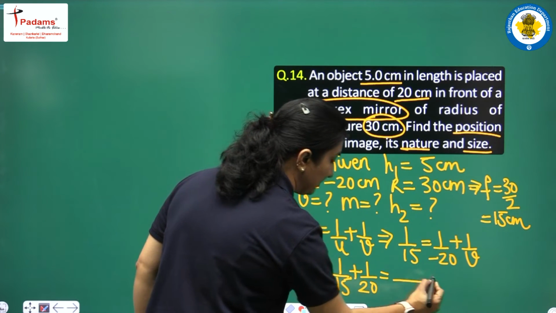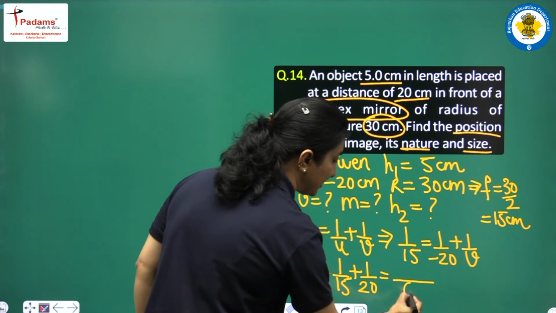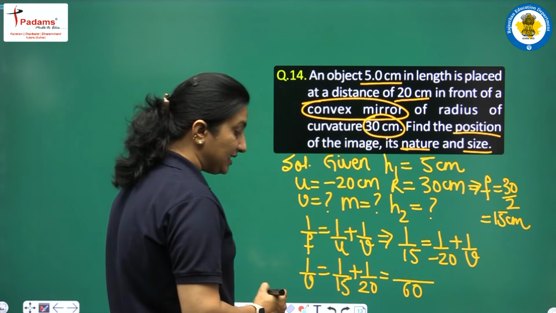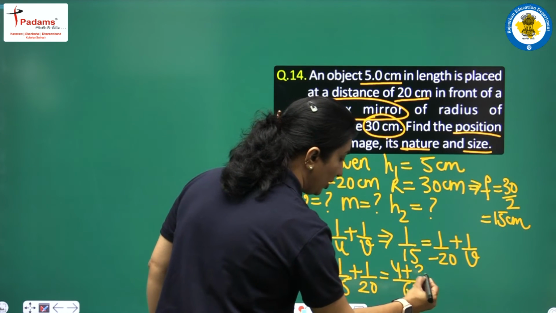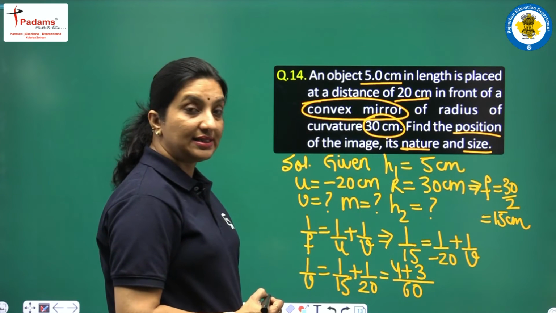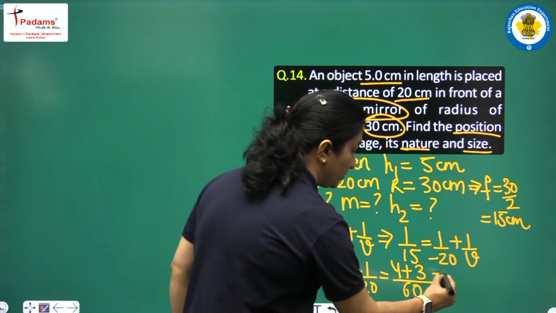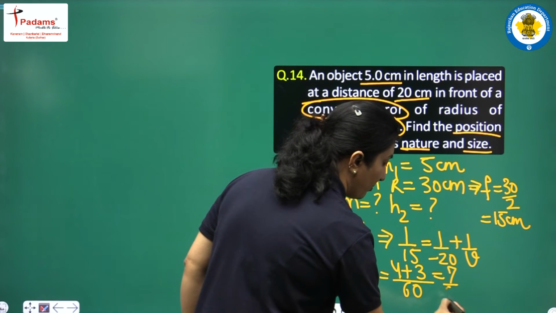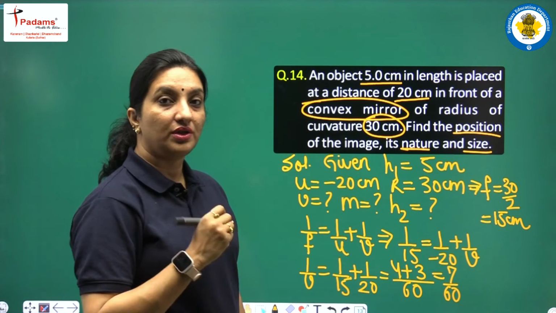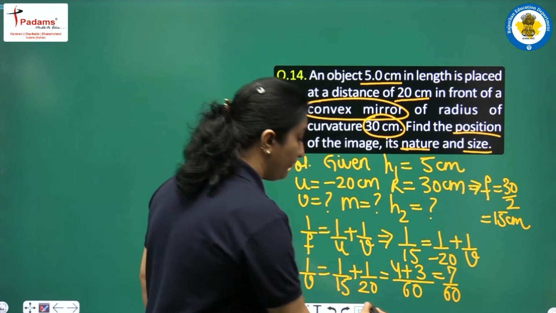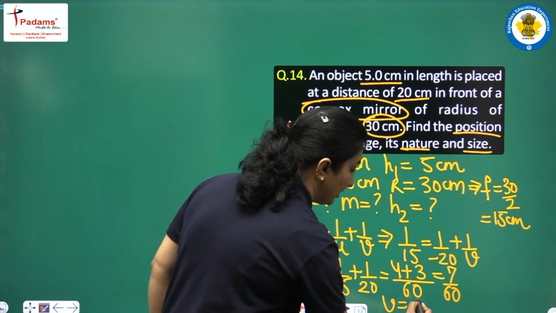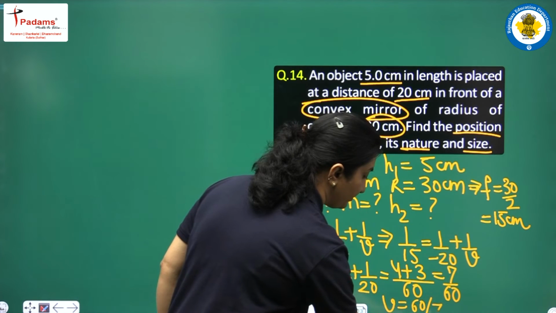On taking the LCM, here the LCM can be taken as 60. So 15 4s are 60 and 20 3s are 60. So this will come out to be 7 upon 60. So now on reversing the values, the value of V comes out to be 60 upon 7.